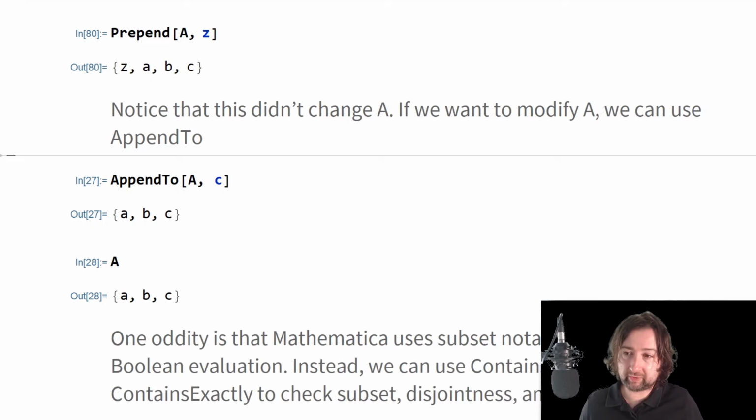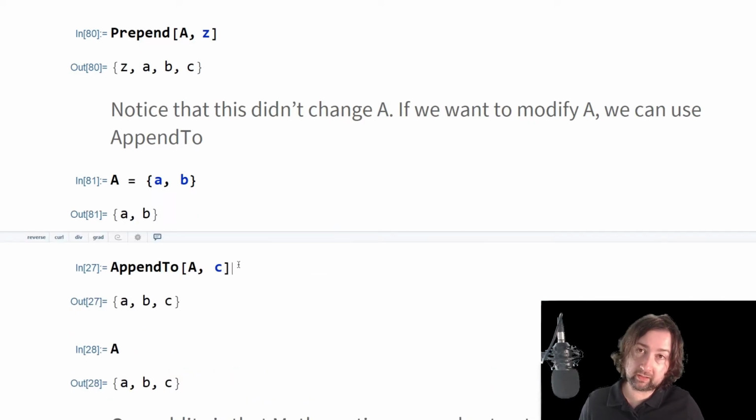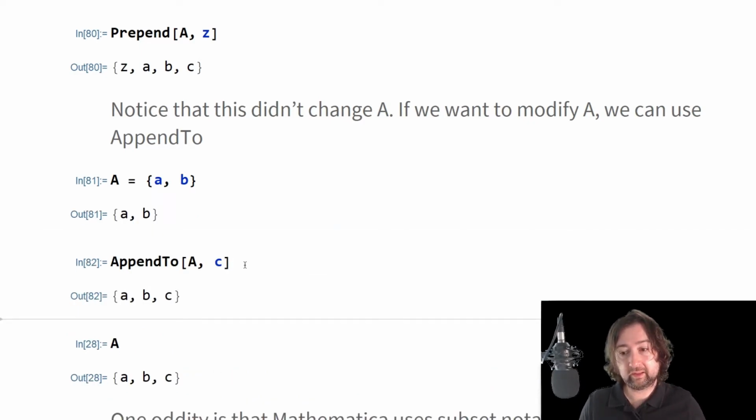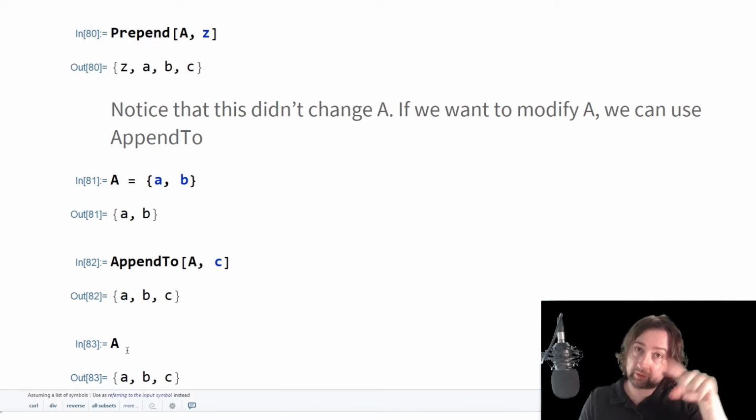So if you started with A being equal to the set {a, b}, and then you ran AppendTo A, c, and you check A, well, now that has actually changed the definition of A. So it's kind of confusing, but all of these operations are intended for you to be able to use them inside of a loop type structure so that you can continually add on to the beginning or the end of a list. It's a really useful thing to be able to do.